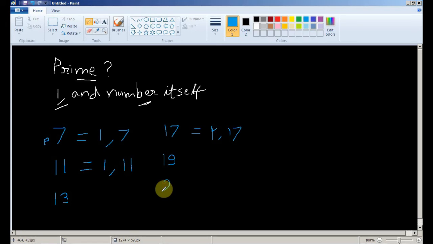And then what about 21? Is that a prime number? No, because 7 into 3 gives you 21, so it is not a prime number. It's a composite number.